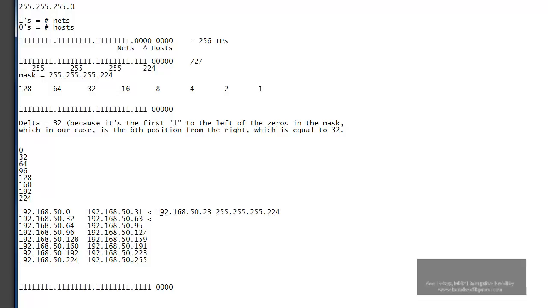It knows 0 is the ID for the block, and 31 is the broadcast. So it knows the usable IPs are 1 through 30.